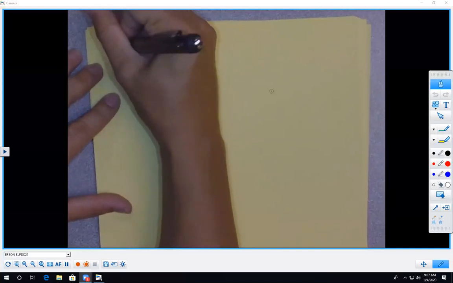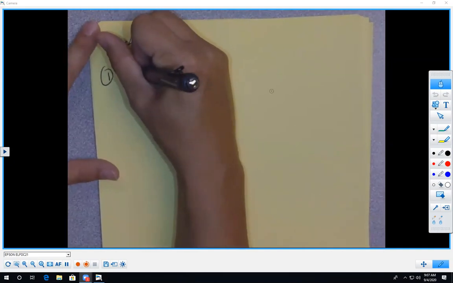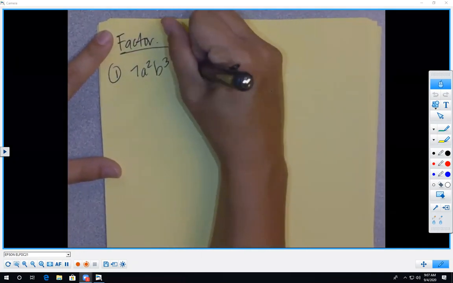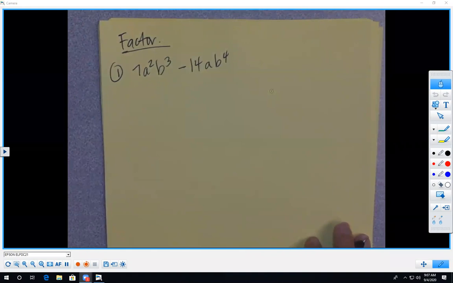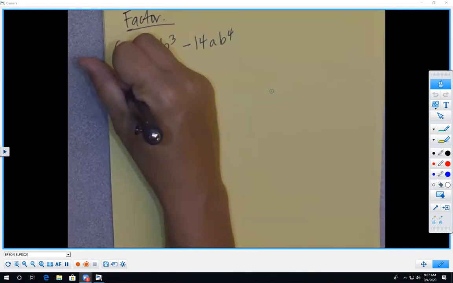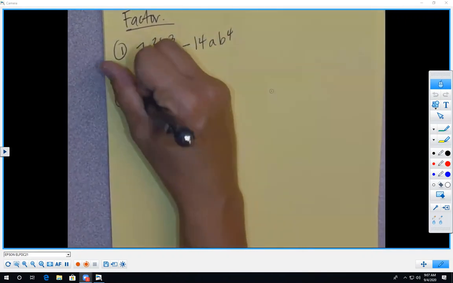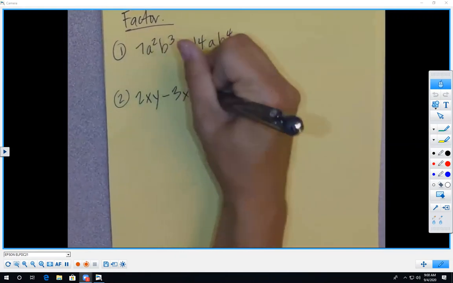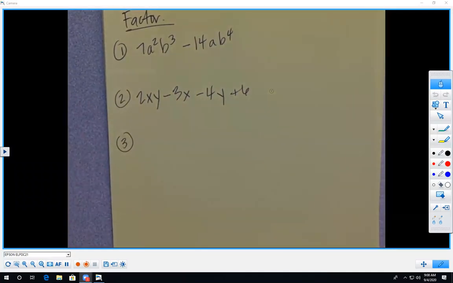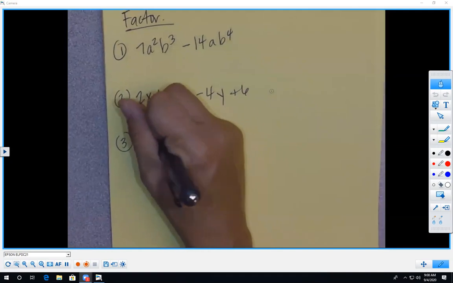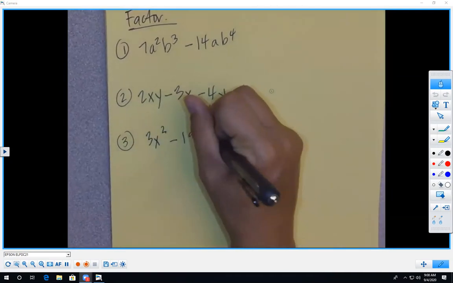So let's do a few review problems. Let's factor 7a squared b to the third minus 14a b to the fourth, and 3x squared minus 19x plus 20.